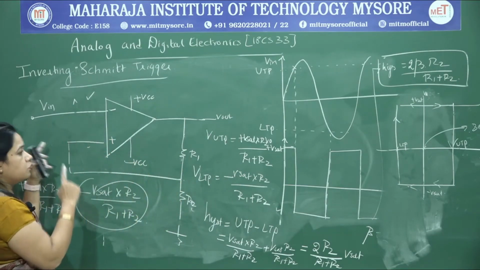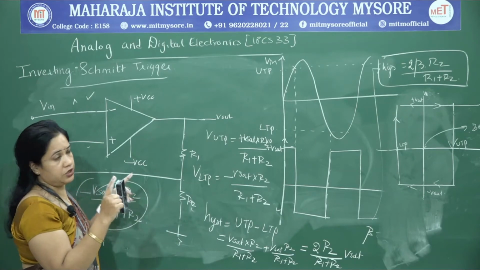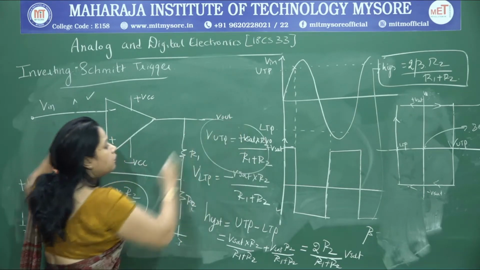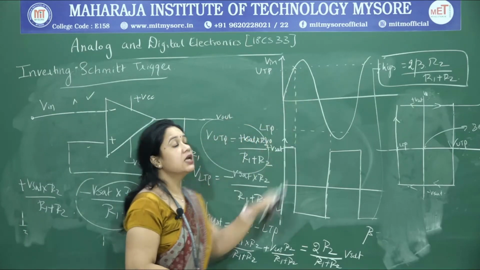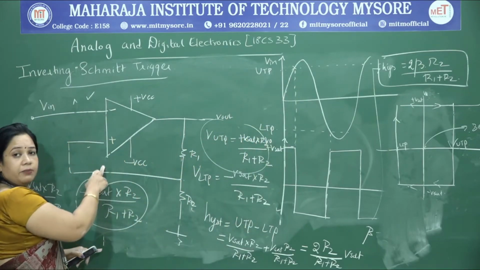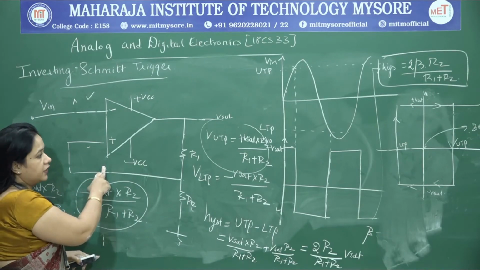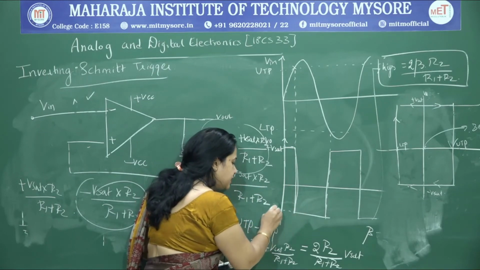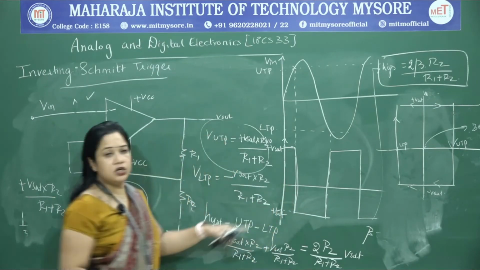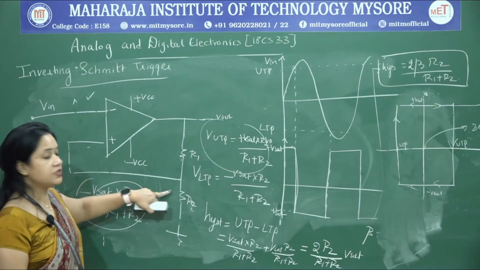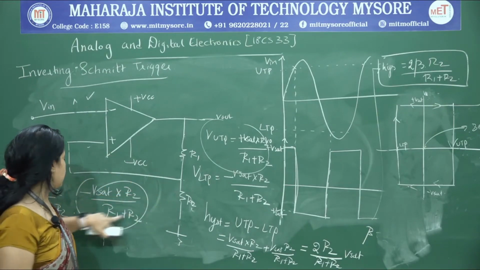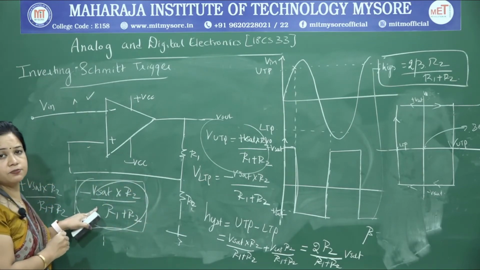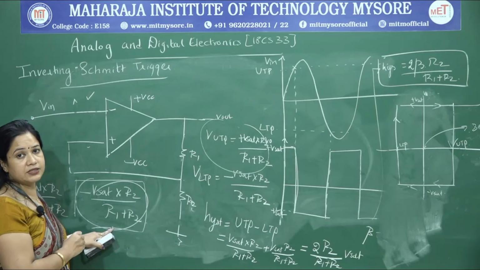Now the output continues to be in positive saturation till the input exceeds this value. Once the input exceeds this value, what happens? The voltage at the inverting terminal becomes greater than that at the non-inverting terminal. As a result, the output is driven to minus Vsat. Now the output continues to be in negative saturation, and the feedback voltage is minus Vsat into R2 divided by R1 plus R2.